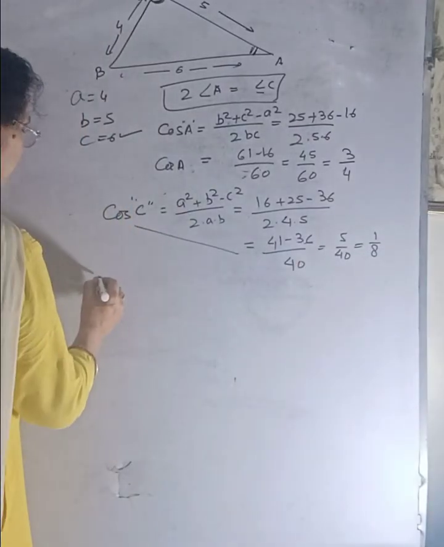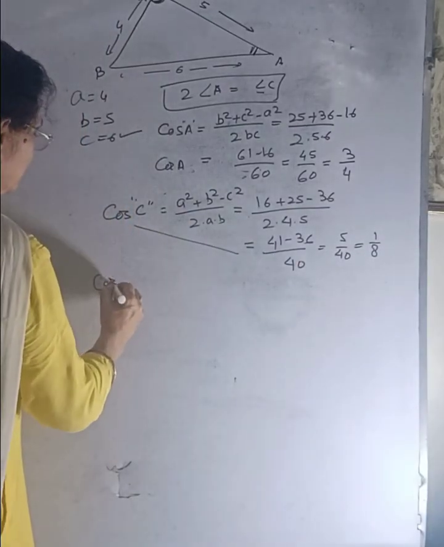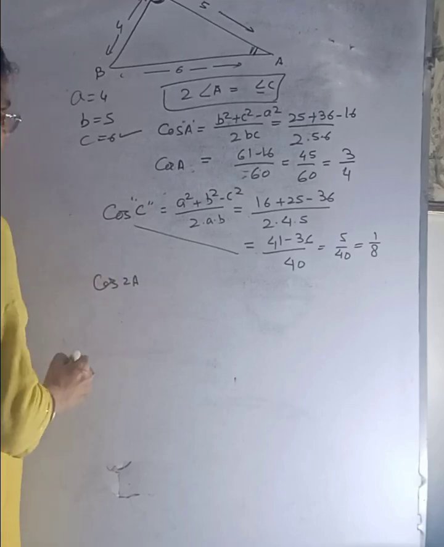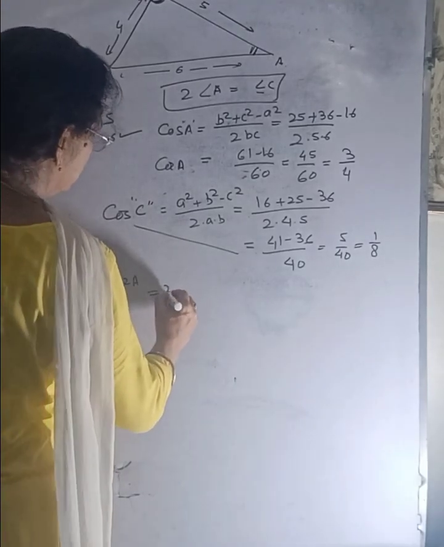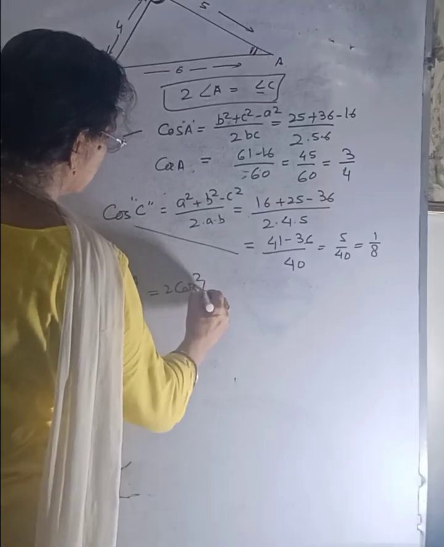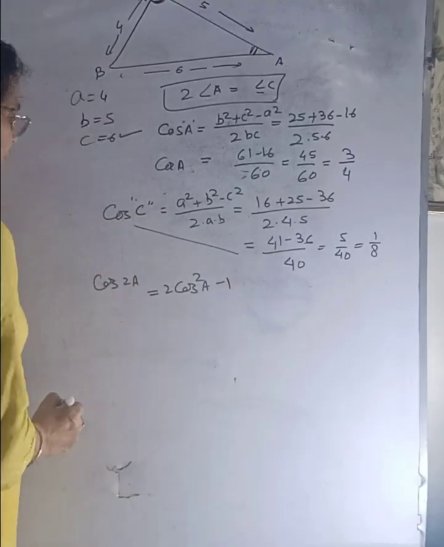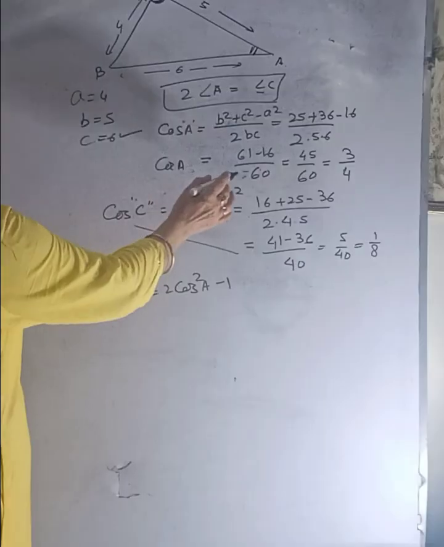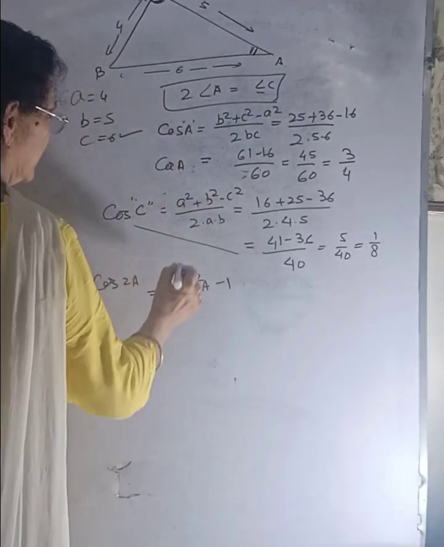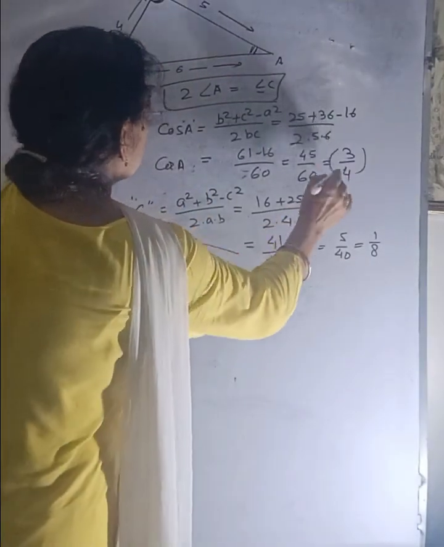Now let us find the value of cos of 2A. Cos of 2A can be written as 2 cos square A minus 1. Cos square A is already given to us. This is equal to 3 by 4.